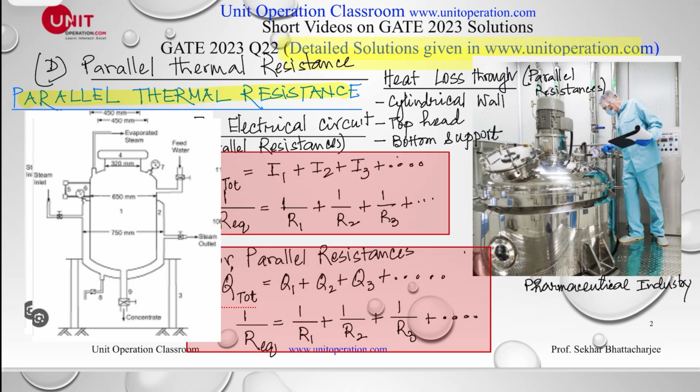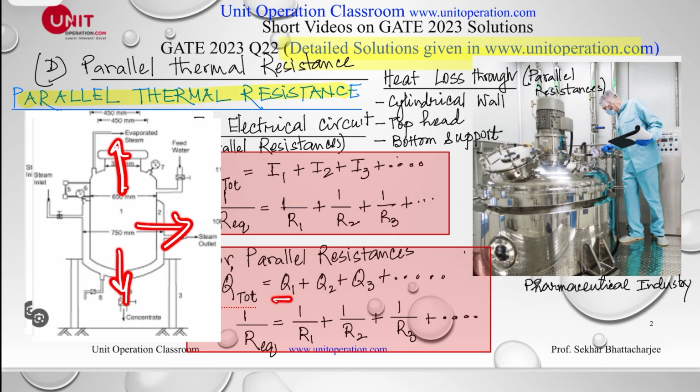And if R equivalent is the overall resistance due to this parallel circuit, it's the inverse sum of each resistance. Similarly for thermal resistances, current and Q are equivalent. So basically we get Q total is the heat loss, let's say through this wall here, heat loss from the top and heat loss from the bottom.